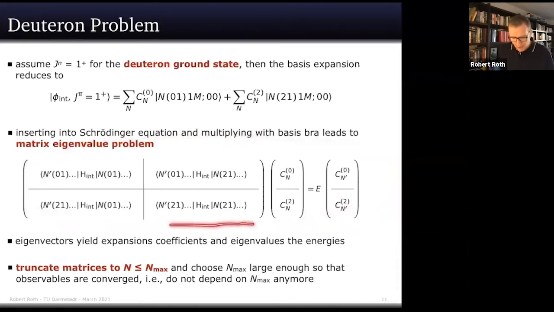There is a big Hamilton matrix, which is simply given by the matrix elements of these relative harmonic oscillator kets. These are from our basis expansion here, and corresponding bra states, which are from the stuff that you've multiplied from the left. And you have matrix elements that have L equals 0 pieces. You have matrix elements that have L equal 2, L equal 2.